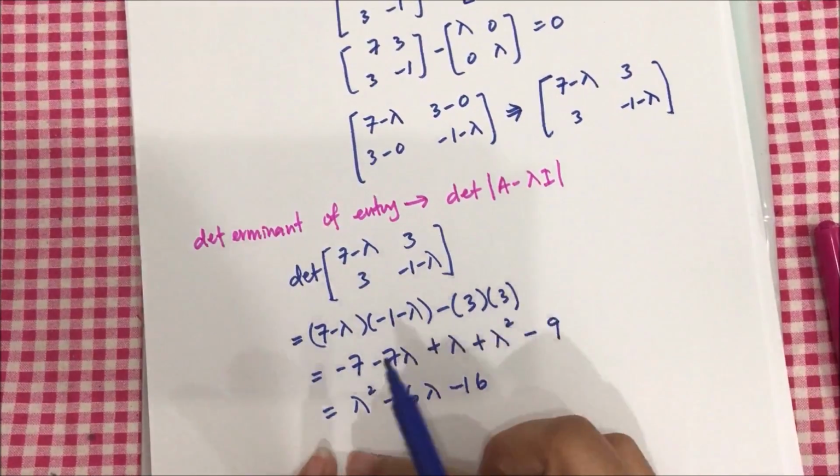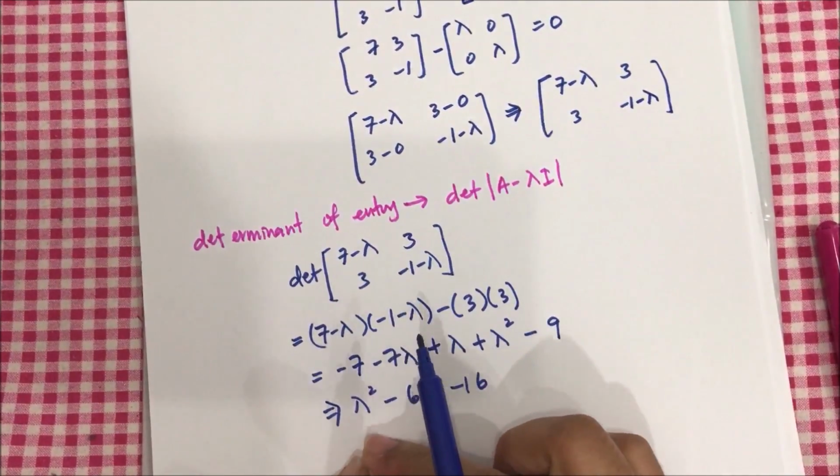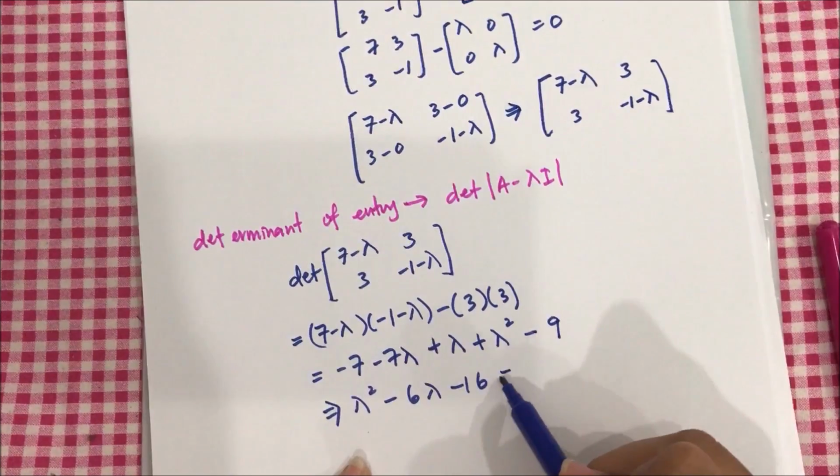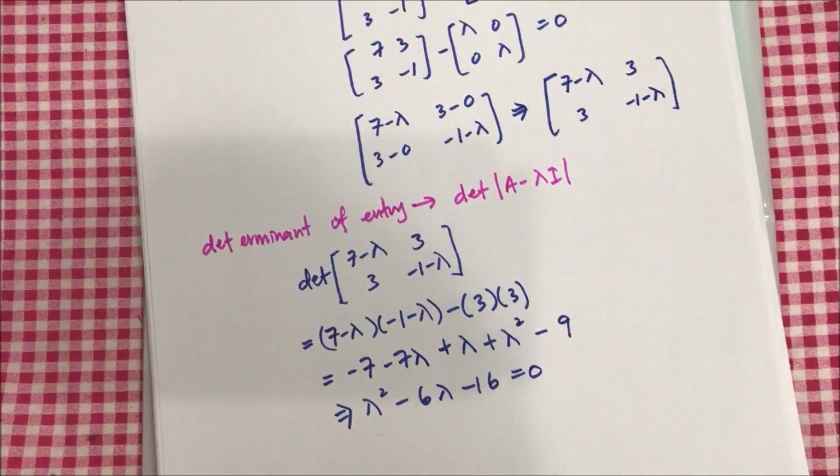If this determinant equals 0, this is the characteristic polynomial.